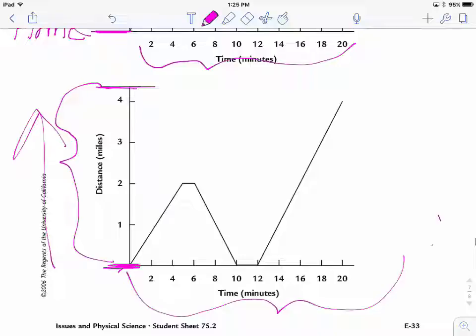Okay, so you'll see here, we've got a line that's going that way. Where's that line going? Towards home. Okay? Now, the other thing is you're going to have to do some adding and subtracting in some cases.